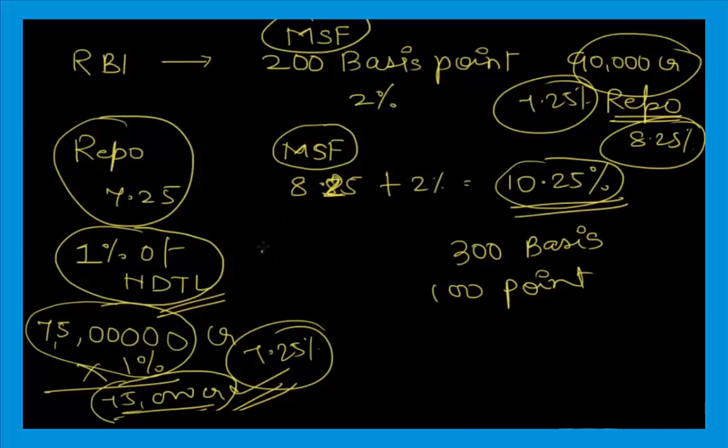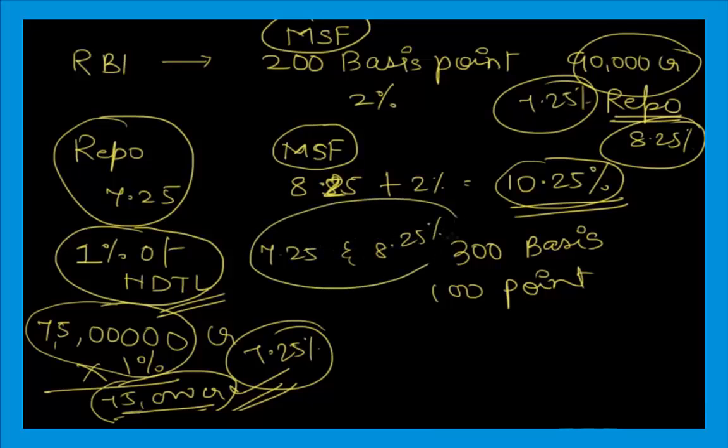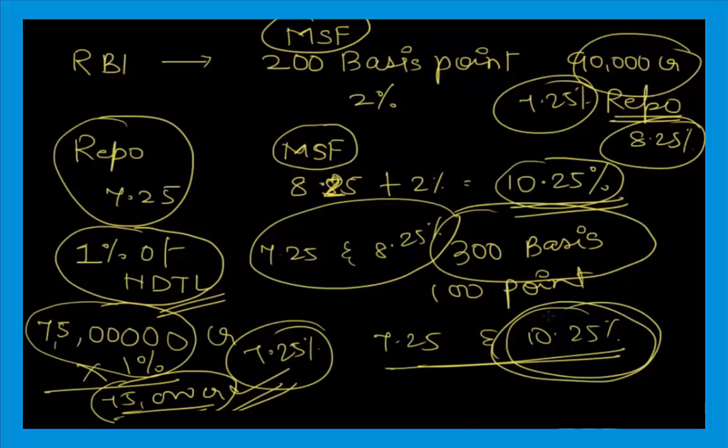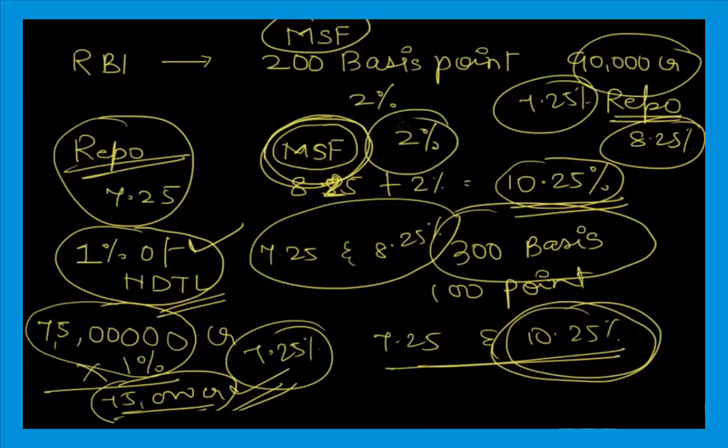Which means first it was 7.25 and 8.25, which was a 100 basis points difference between repo and MSF. Now it is 7.25 and 10.25, which is a 300 basis points difference. That means the overnight loan that the commercial bank takes from RBI has become extremely costly, and at the same time difficult, because under repo they can borrow only 1% of NDTL, and they've also put up a cap that under MSF they can borrow only 2% of NDTL.